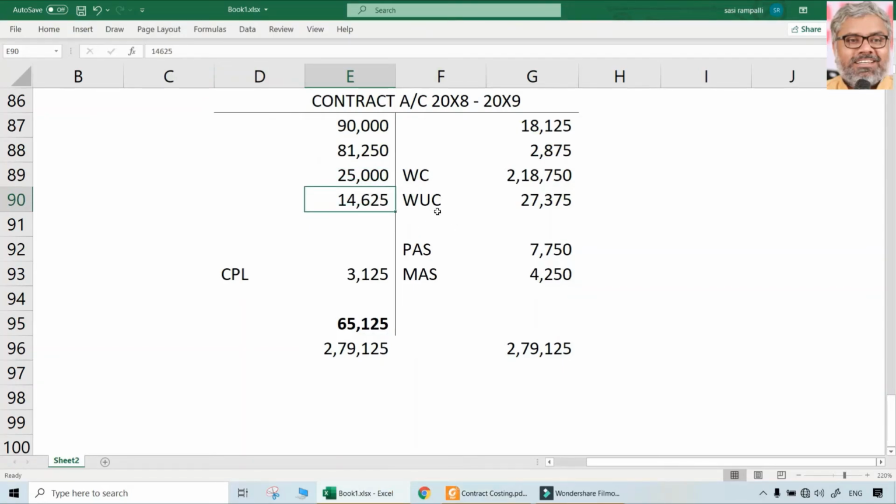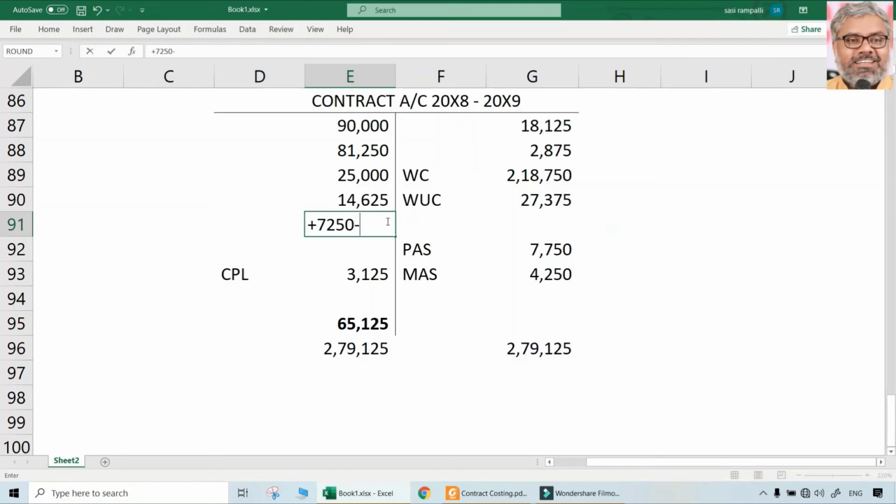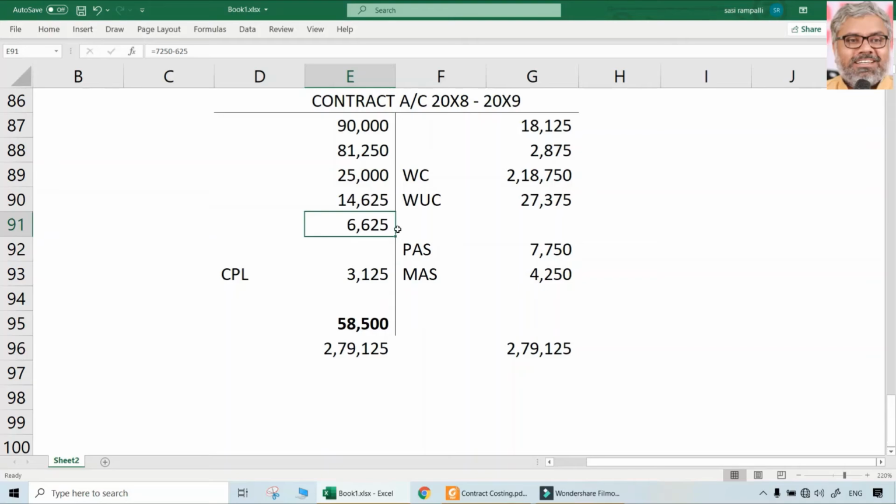Why have some amounts gone? I'm not able to understand. Okay, I think I'm typing in the same cell again rather than typing in the other cell. Mistake. 14,625 is okay, but this sundry expenses, I have replaced it, I guess. So 7250, which should have been there already, minus 625, which is prepaid. Yes, 58,500 is the notional profit. That is correct. So 6625 sundry expenses also should be there. Instead of typing in the other cell, I typed in the same cell. That was replaced unnecessarily. So that was a wrong thing.